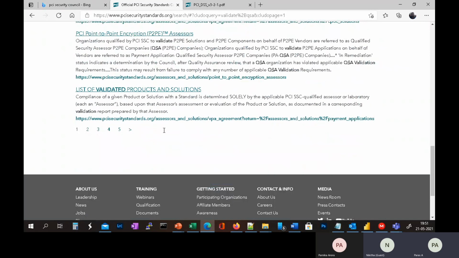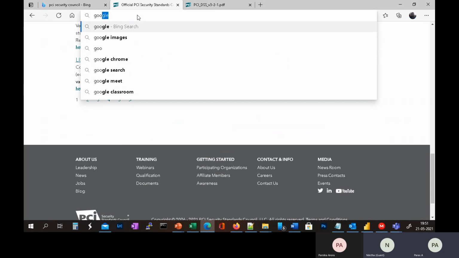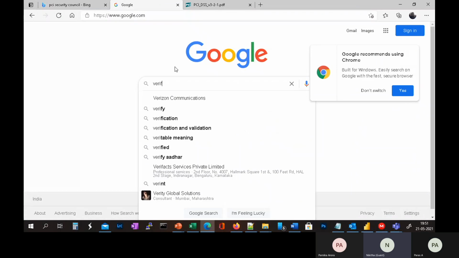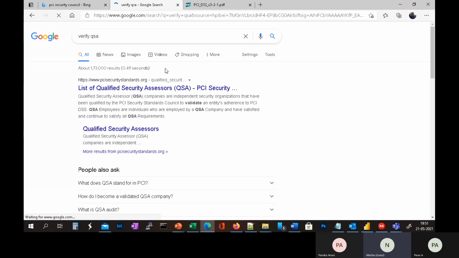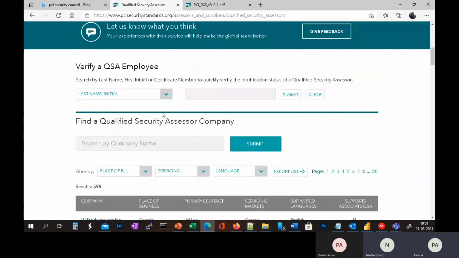Similarly, it is better to search in Google, I would say. Yeah. So here, if you put it in, it will come up.